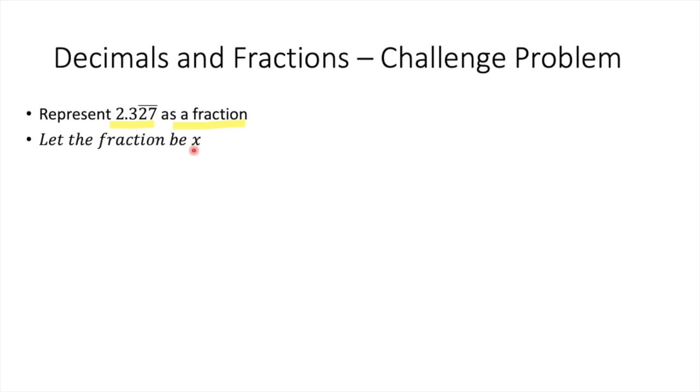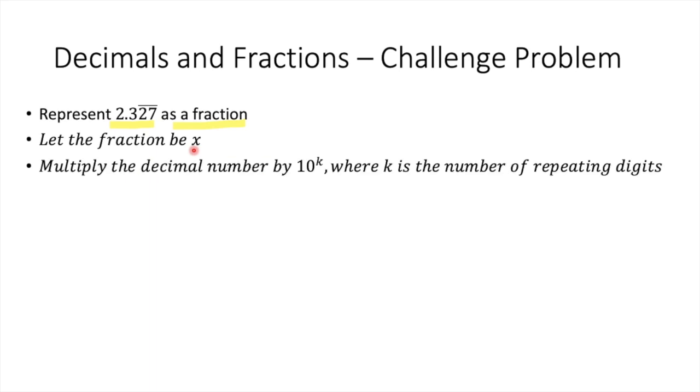The next step is extremely important. We will multiply the entire decimal by 10 to the power of k, where k is the number of repeating digits.